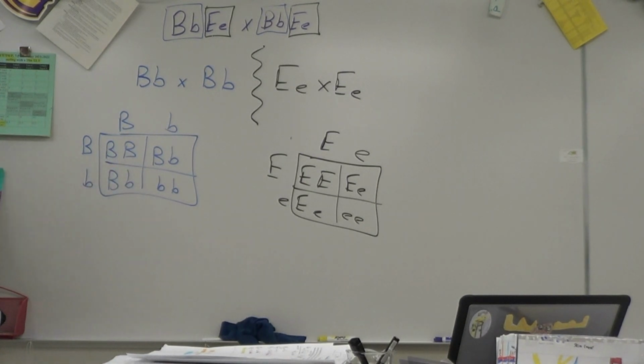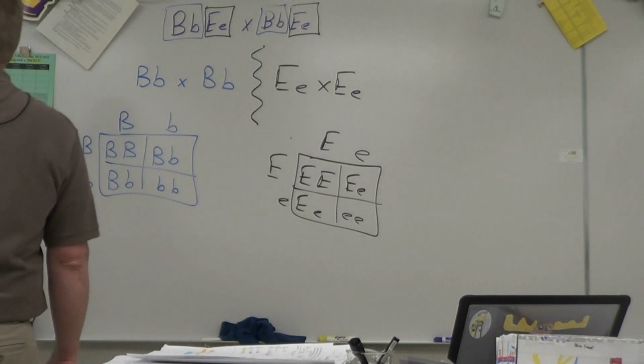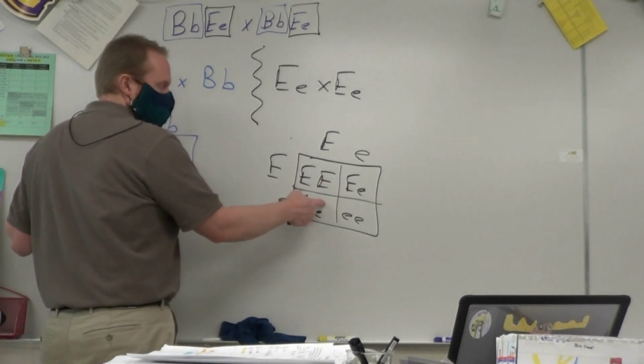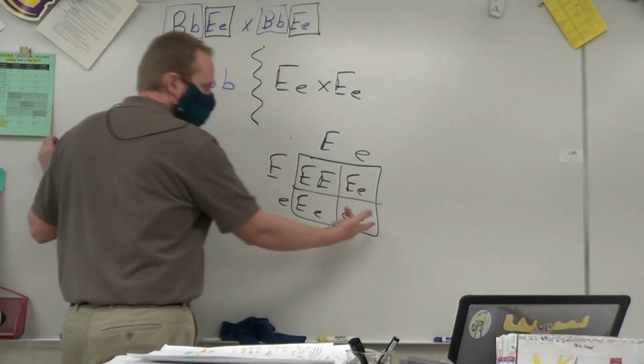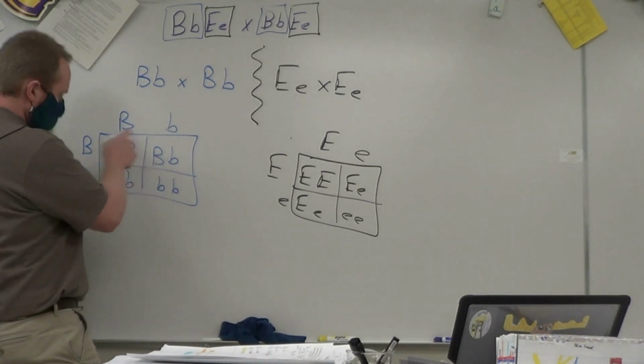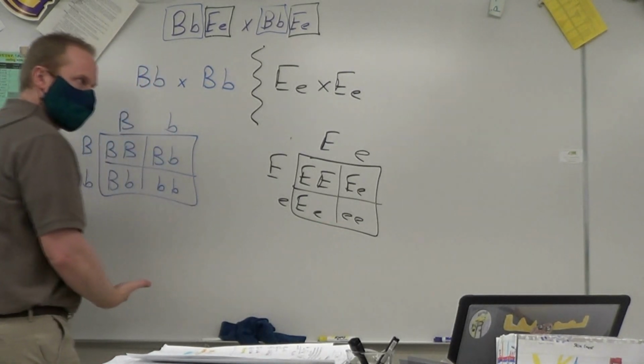So what fraction are going to be brown hair? 3 out of 4. And what fraction are going to be blonde? 1 out of 4. Good. Now, if big E is brown eyes and little e is blue eyes: brown eyes, brown eyes, brown eyes, 3/4, blue eyes, 1/4. And then we can say, well, what are the possible combinations of having a brown-haired, blue-eyed kid?